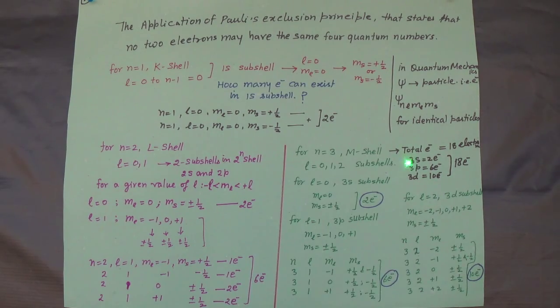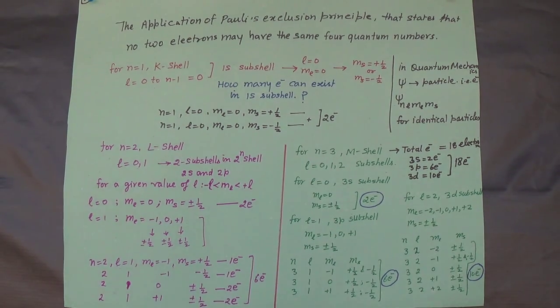You can see here that s orbital has 2 electrons, p orbital 6, d orbital 10. So total number of electrons in the third shell is 18. So you can check here the Pauli exclusion principle. You can check the total number of electrons in the orbital.